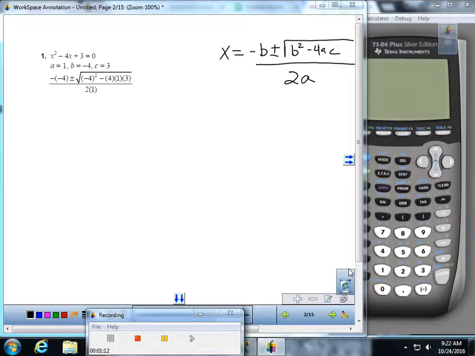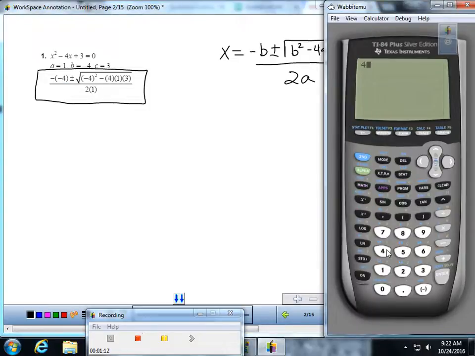Okay, so look, this question they have already put in the quadratic formula for you. We've just got to practice putting this in our calculator. What's minus a minus? That's a positive, so we just write 4. Now, there's no plus or minus button in your calculator, so you have to learn how to use it. We're going to start with plus, and then square root of is underneath that one.